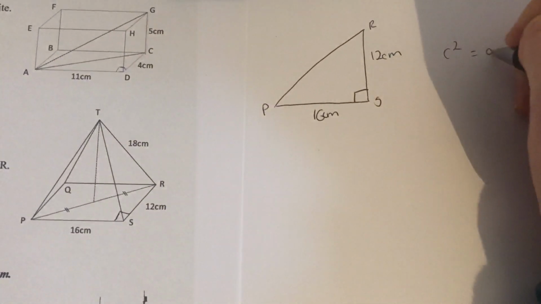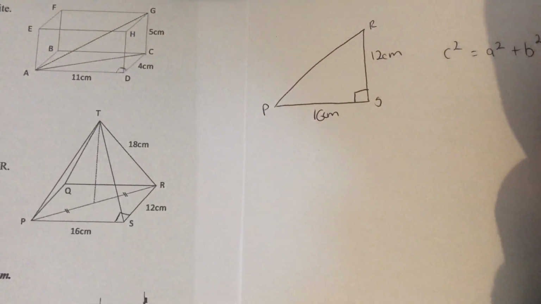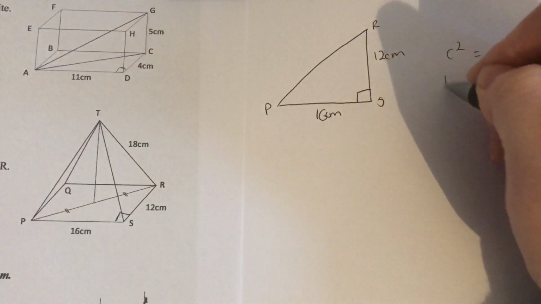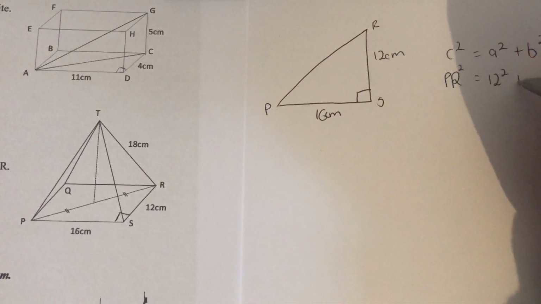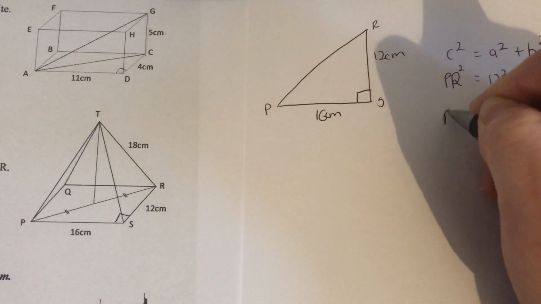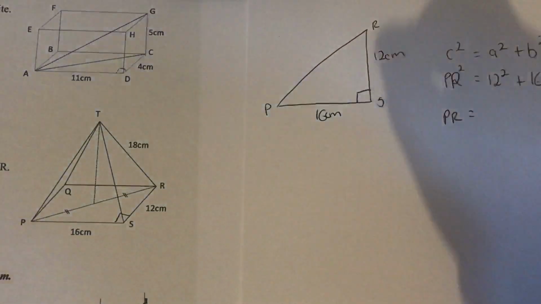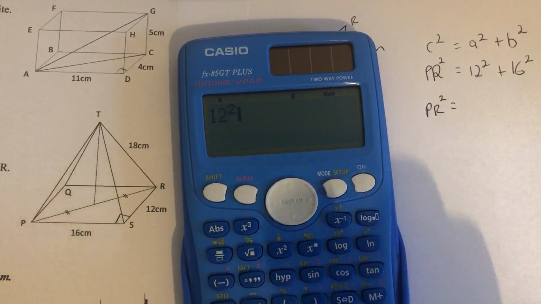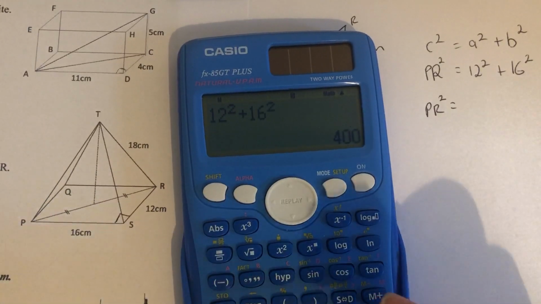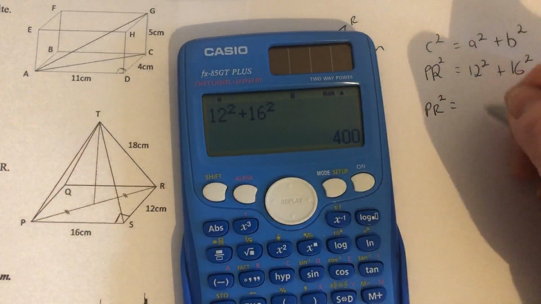C squared equals A squared plus B squared. PR squared, because that's what we're looking for, equals 12 squared plus 16 squared. So PR squared, 12 squared plus 16 squared is 400.